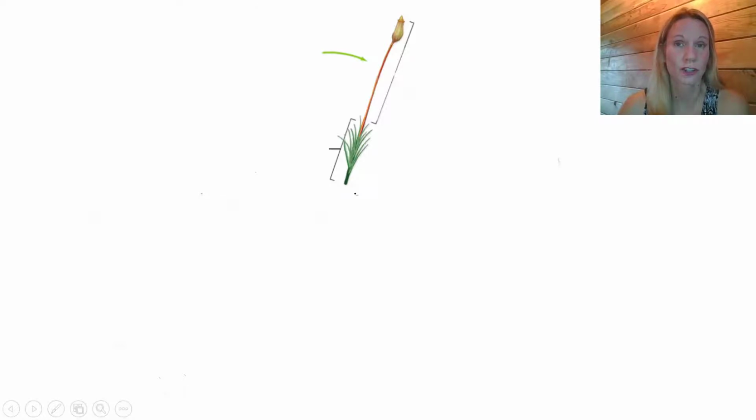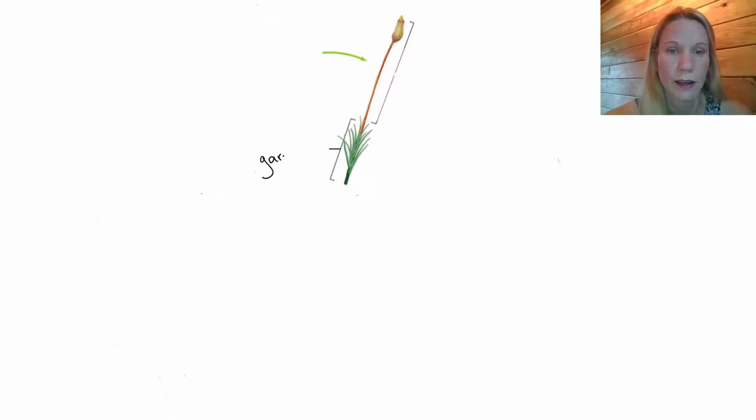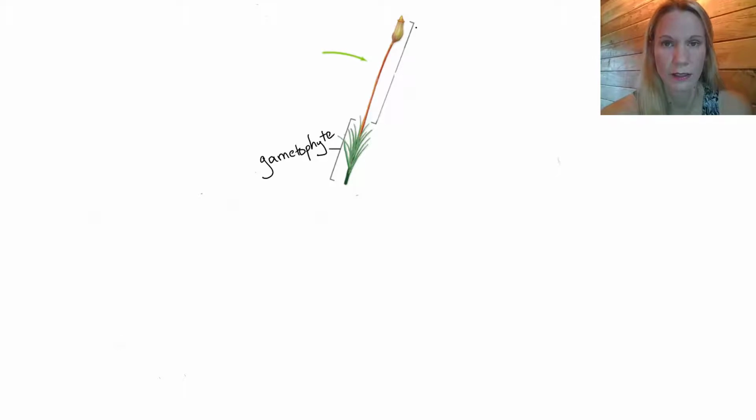So the mature structure of the moss has both the gametophyte and the sporophyte on the same plant. And you can see that the sporophyte is dependent on the gametophyte for nutrition. So the green part, the bottom part, is the gametophyte. And this stalk that's coming out with the little pod, we call the capsule, okay, that would be sporophyte.